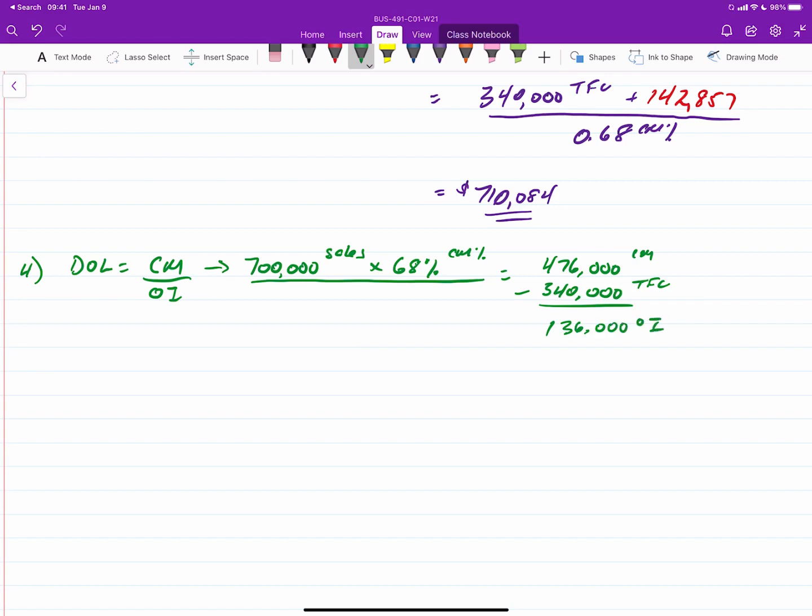So now I can complete my degree of operating leverage calculation to be $476,000 in contribution margin divided by $136,000 in operating income, and that will be a multiple of 3.50. And so that means that for every 1% increase in sales, we'll have a 3.5% increase in operating income. And so if that's a 10% increase in sales, then it's a 35% increase in operating income.